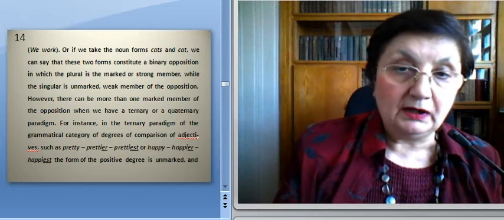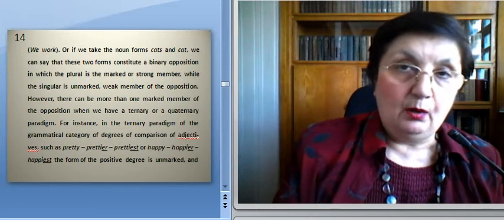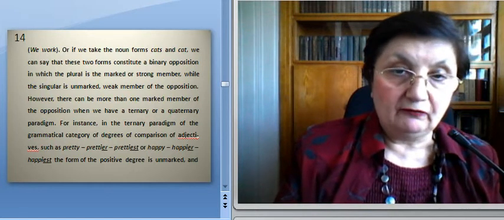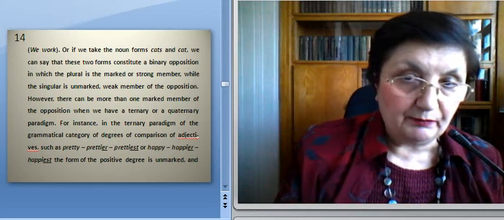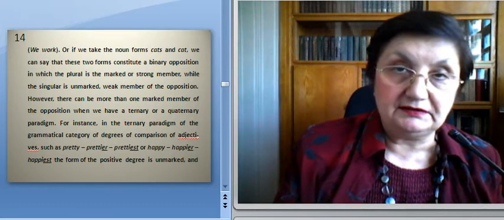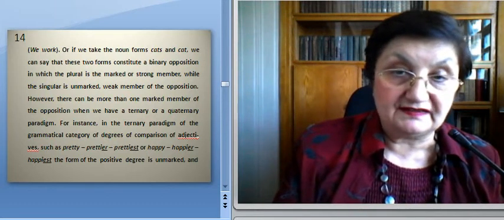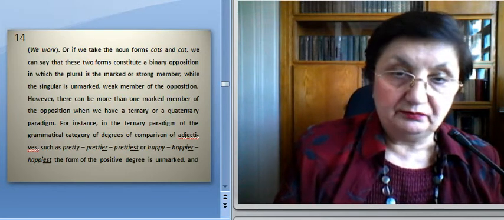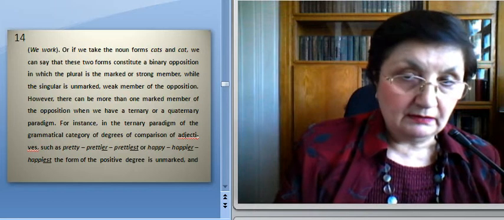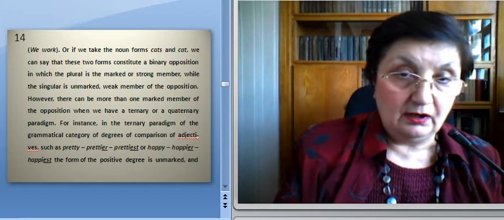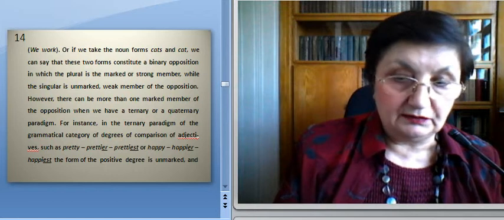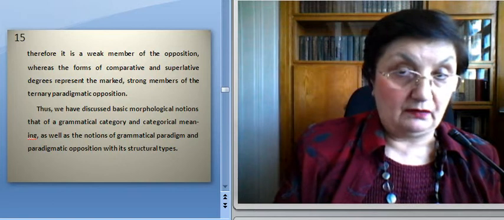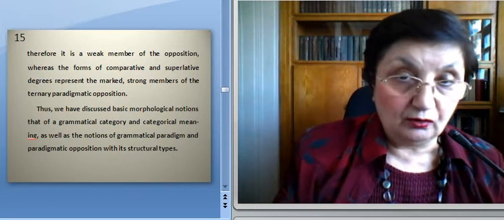For instance, in the ternary paradigm of the grammatical category of degrees of comparison of adjectives, such as pretty, prettier, prettiest, or happy, happier, happiest, the form of the positive degree is unmarked, and therefore it's a weak member of the opposition, whereas the forms of comparative and superlative degrees represent the marked, strong members of the ternary paradigmatic opposition.